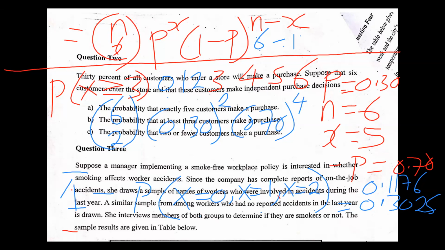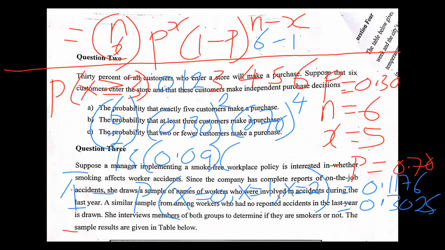What do you get? 6 combination 2 is 15. 15 times 0.30 to the power 2, which is 0.09.